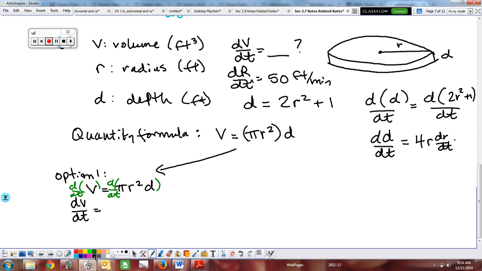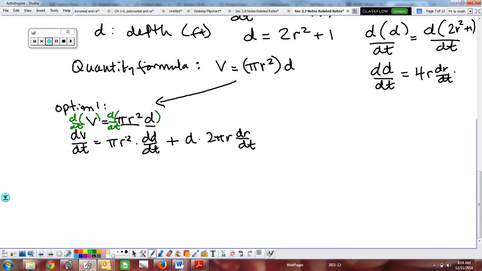I'm going to use my product rule because I'm going to do pi r squared together and then the D. So I would have the first times the derivative of the second, plus the second times the derivative of the first, 2 pi r dr/dt. So I can plug and chug over here. I'm looking for dV/dt, so here's my related rates formula. Circle that.